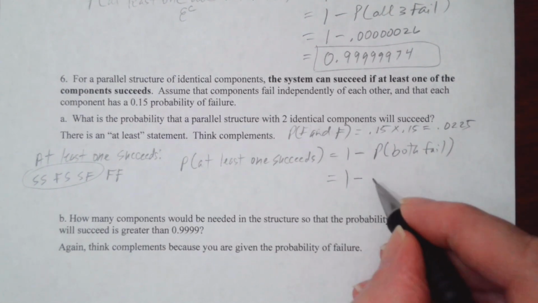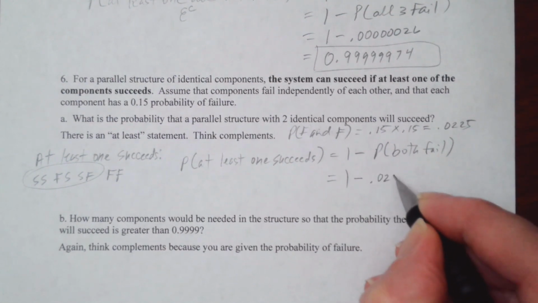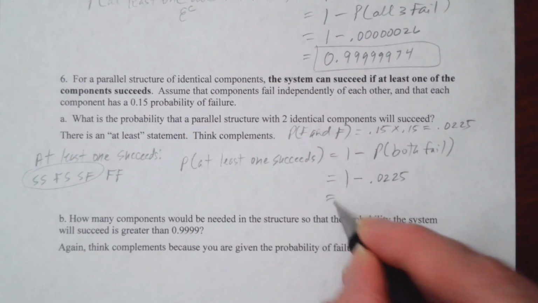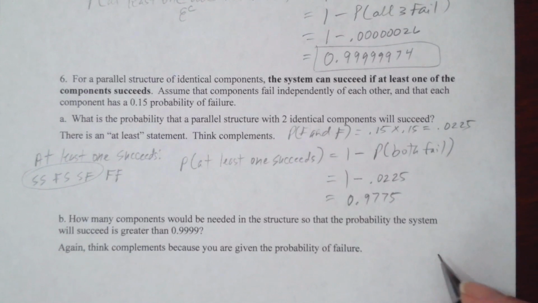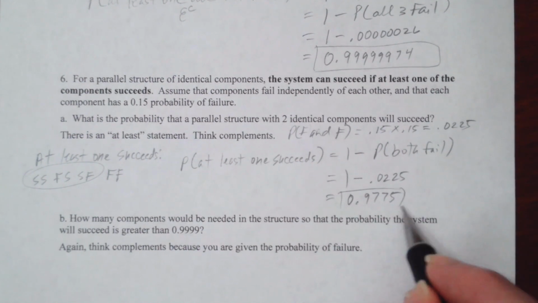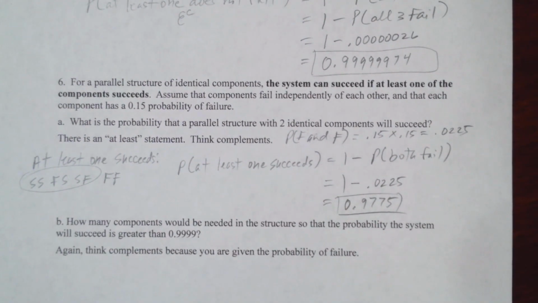And so this will be 1 minus 0.0225, and you get 0.9775. And so pretty high chance that the system is going to succeed.